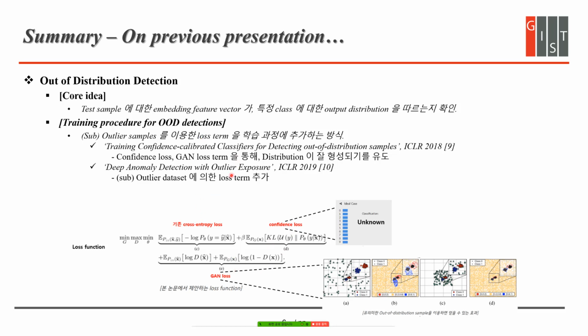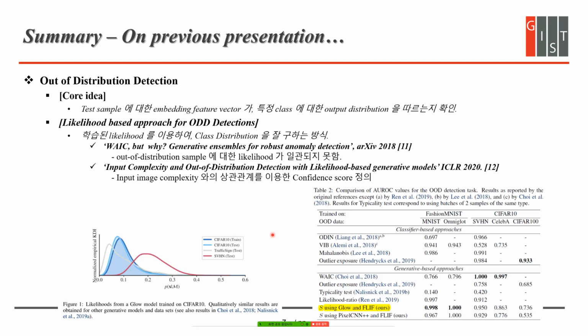These papers use some proportion of an outlier dataset in the training procedure to build the loss function, and by doing that we can do more exact OoD detection. And the third one, the likelihood based approach for OoD detection, is what we're going to talk about in today's presentation. These two papers are about the likelihood of the distribution.